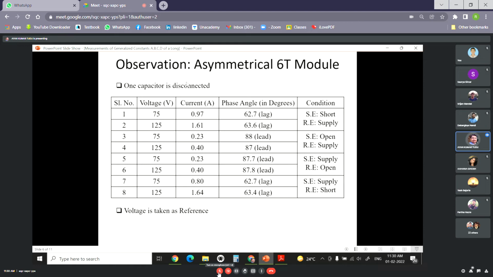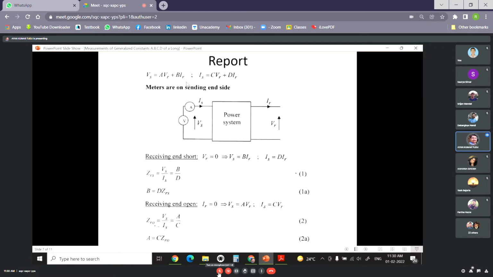Now the question comes of how we'll be proceeding. As I said at the start of the class, we can think of the transmission line as a two-port network. Please remember that when we're talking about a two-port network, the general convention is that the current is into the network.